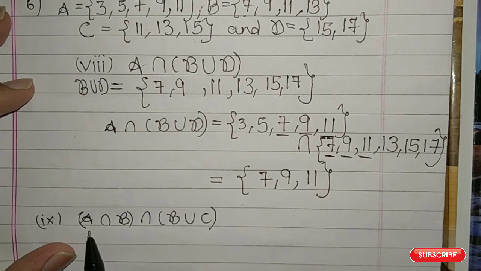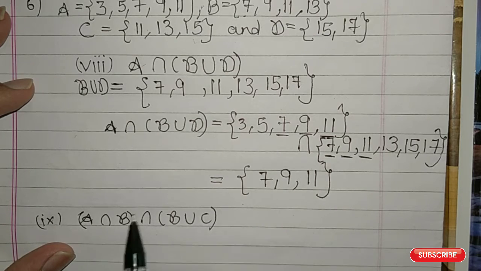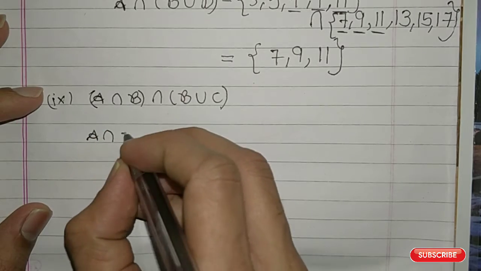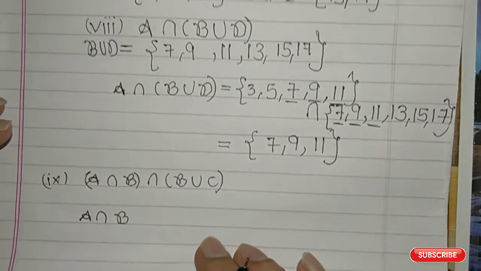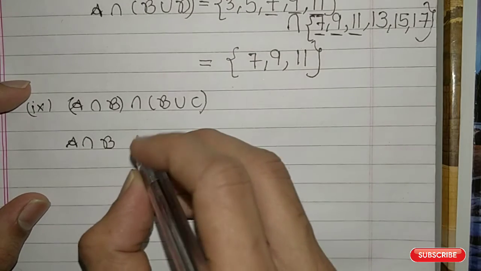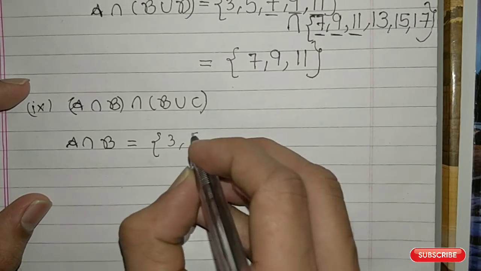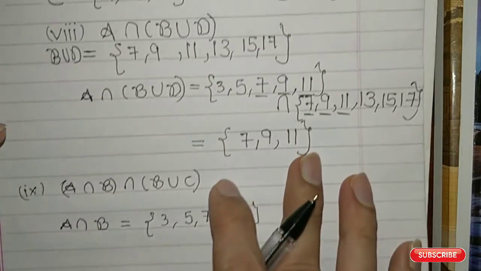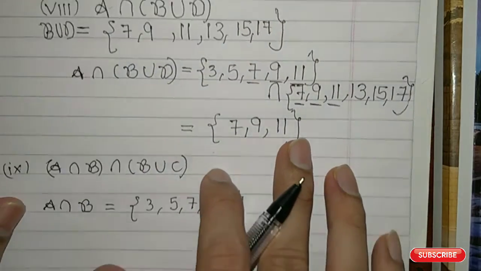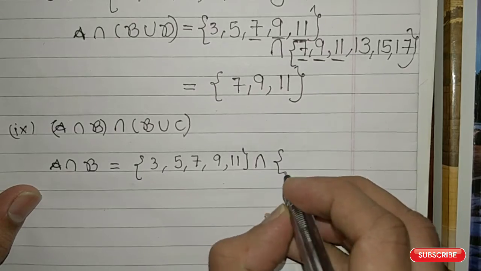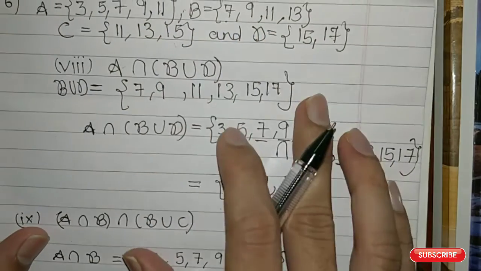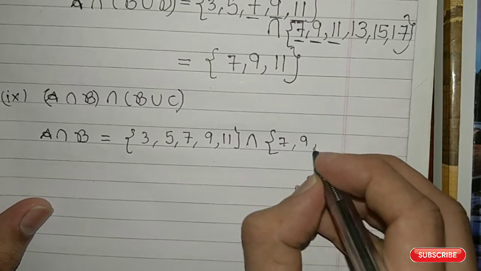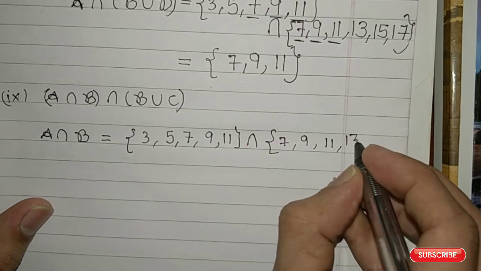So what we have to do is, first we have to find the intersection of A and B. A intersection B will be equal to 3, 5, 7, 9, 11, that is the set A, intersection the set B, that is 7, 9, 11, 13.